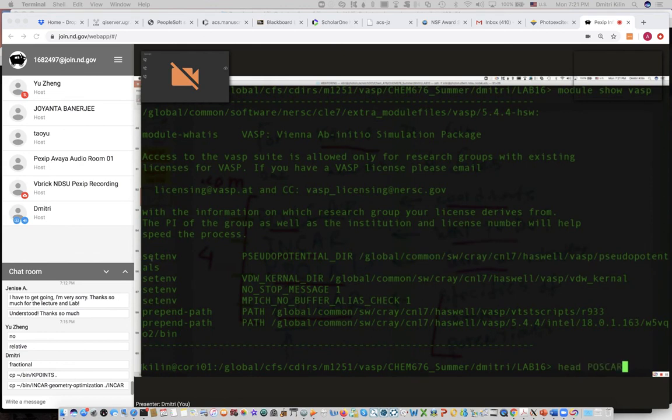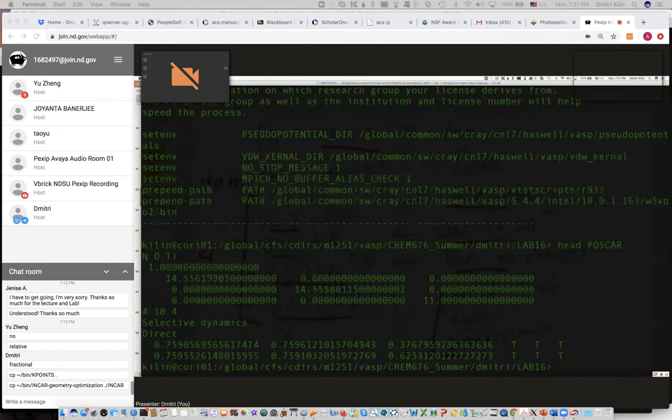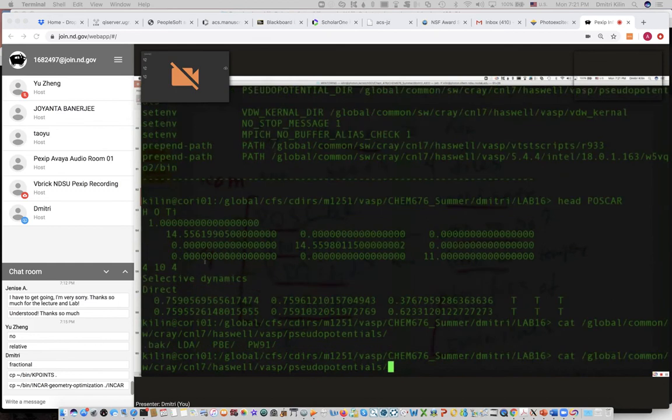We need potentials for hydrogen, oxygen, titanium. cat, for concatenate, pasting the location of the pseudopotential, selecting the PBE functional, selecting the hydrogen atom, and writing to POTCAR.